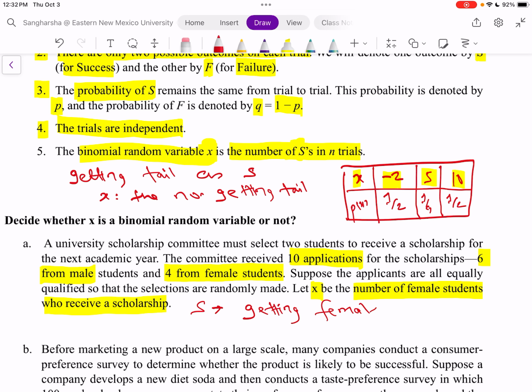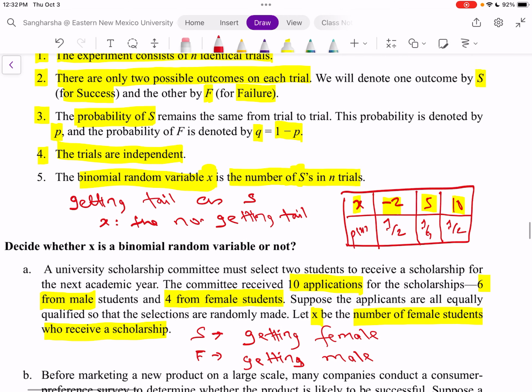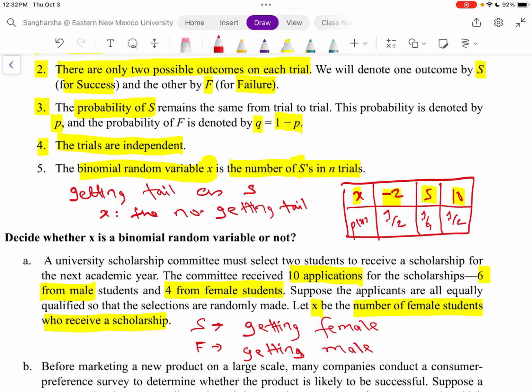When you pick out of 10, if you get a female, that is your success. Let's define it that way. And your F is getting male candidate. So we define S as getting female and F as getting male. Now there is nothing more. Now let's go to number 3.